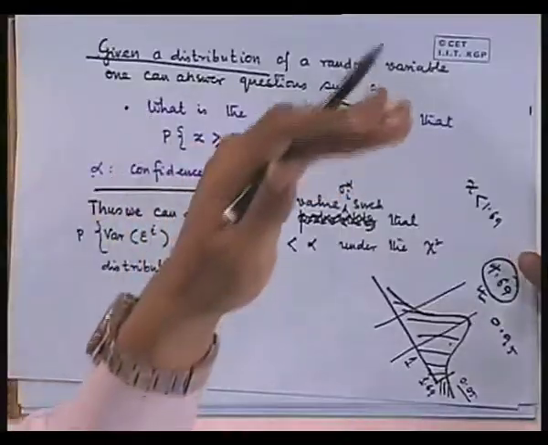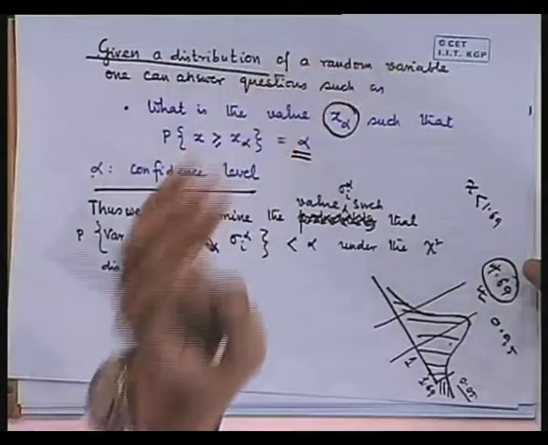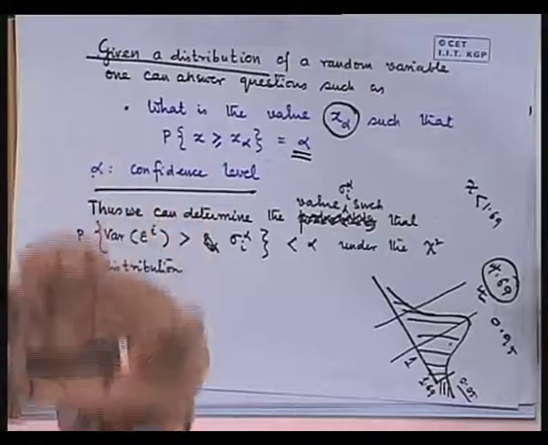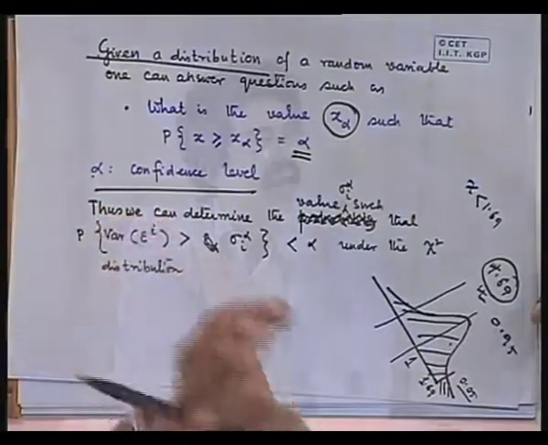Okay. So this is the approach: you first make a hypothesis. Based on the hypothesis, you try to characterize some quantity which you are going to test. That quantity is generally called a statistic, not statistics. It is called a statistic.